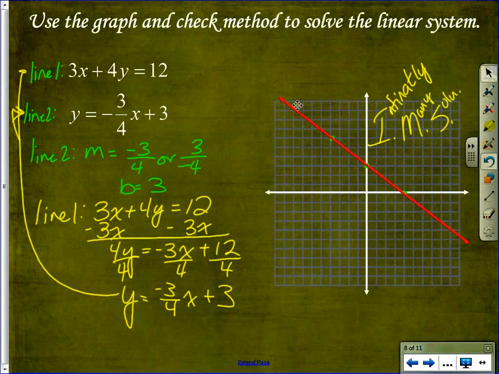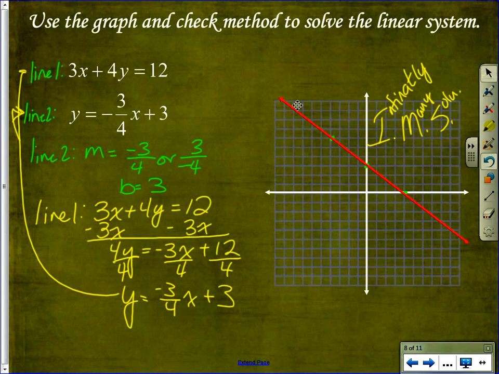Okay? Infinitely many solutions. So you have 3 options. If they're the same line, I have infinitely many solutions because every point on the line they intersect, so every point is a solution. We have where they're parallel, where no points intersect, so there's no solutions. And then we have the most common, where they intersect in 1 point. And that would be our answer.